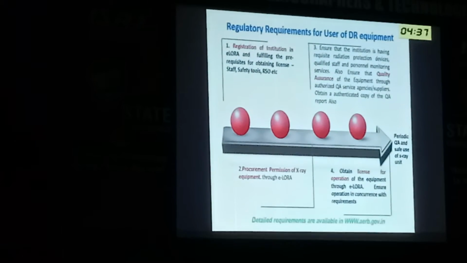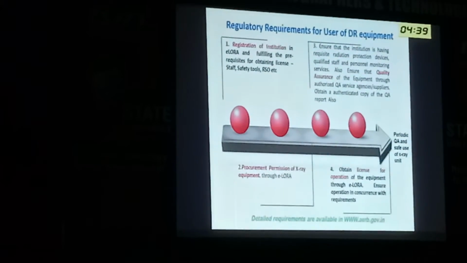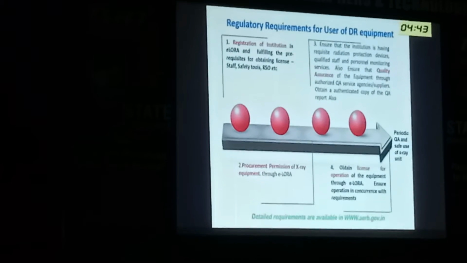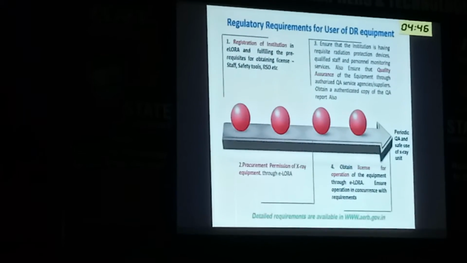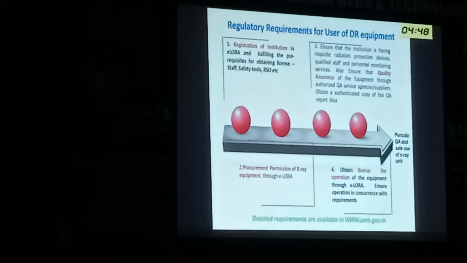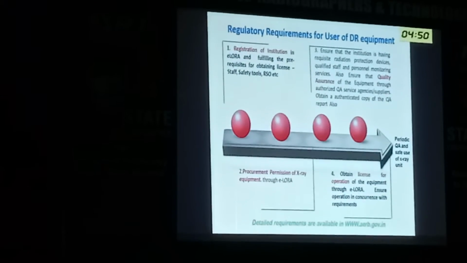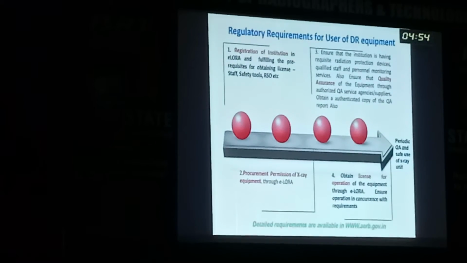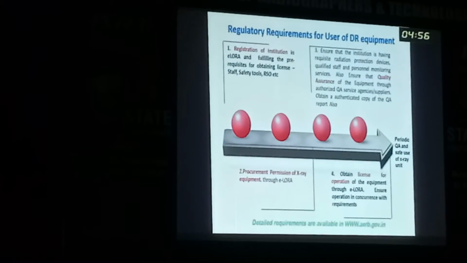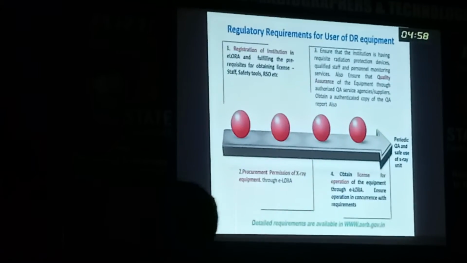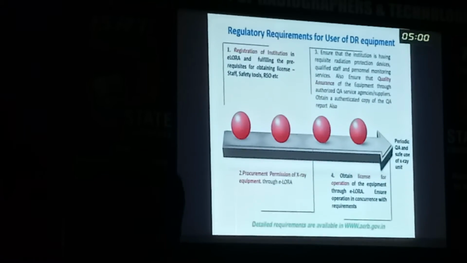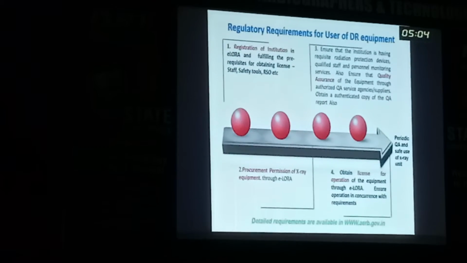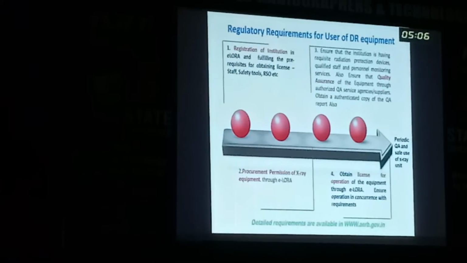Also ensure quality assurance of the equipment through an authorized QA service agency. For these QA agencies also, AERB carries out regulatory review. That is, they are also inspected, they are required to provide safety status reports, and they are required to renew their authorization periodically. Then obtain a license for operation through eLORA, and once the license is issued, you carry out periodic QA and safe use of the X-ray unit.